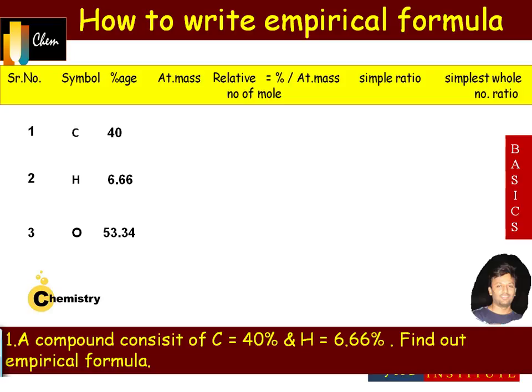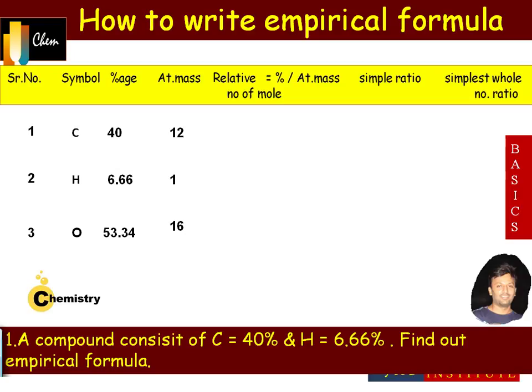Now the next column, in this we need to put the value of atomic masses: 12 for carbon, 1 for hydrogen, and 16 for oxygen. Now the next column, relative number of moles, which can be calculated as percentage divided by atomic mass.